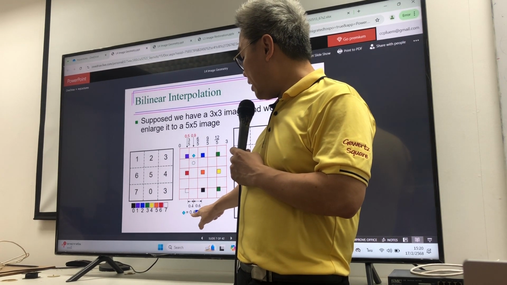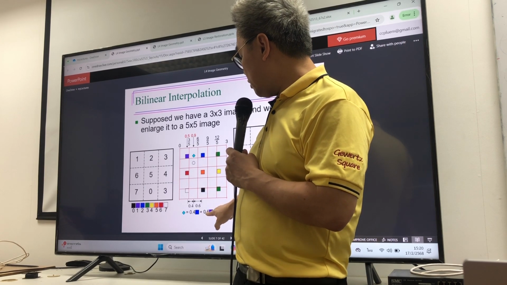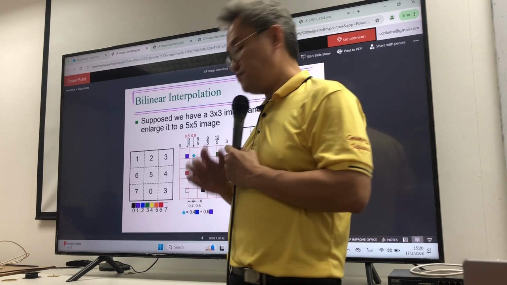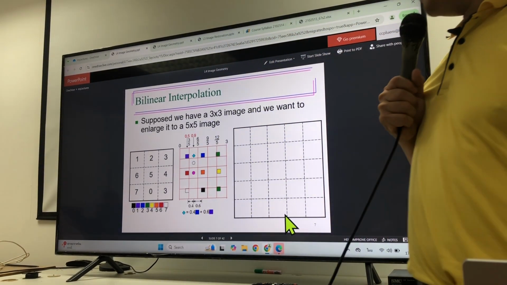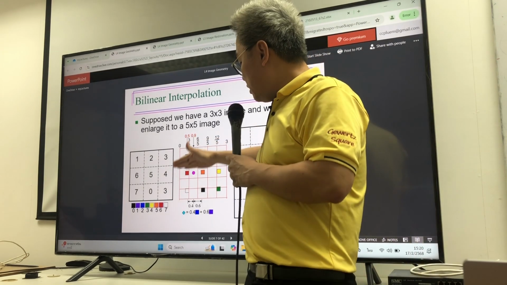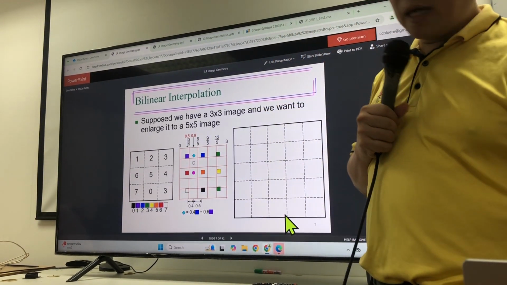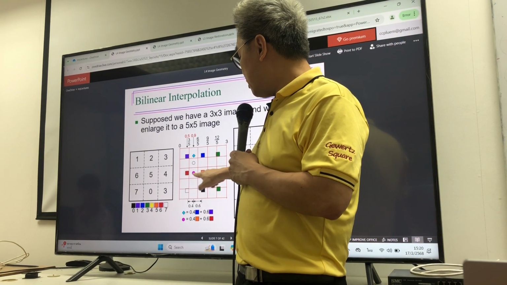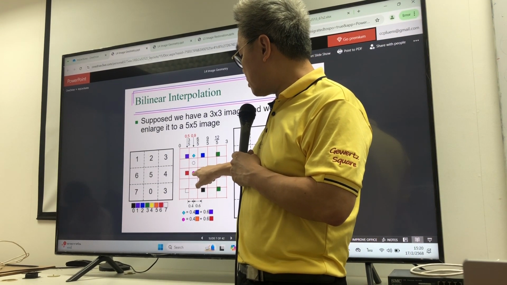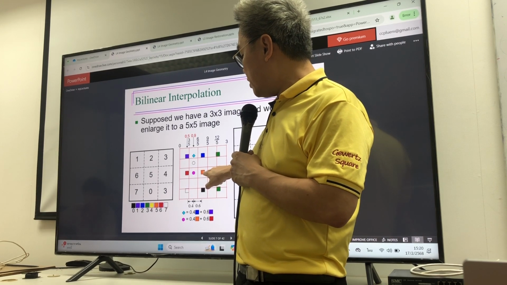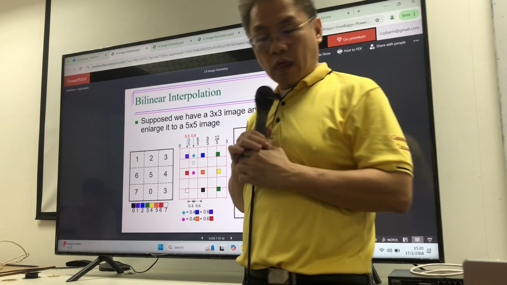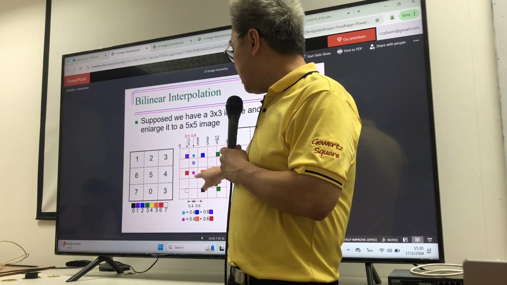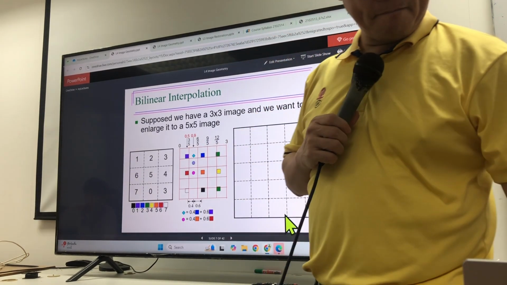The other weighs less, plus 0.6 times its intensity. You repeat horizontally, and then you repeat vertically. The value of these pixels is the average between these 2 with the weight like this, and the one in the middle is the linear interpolation between these 2.